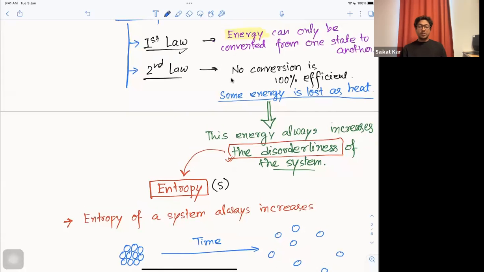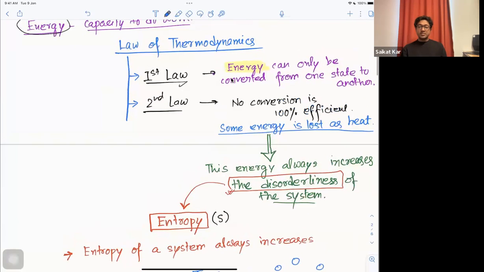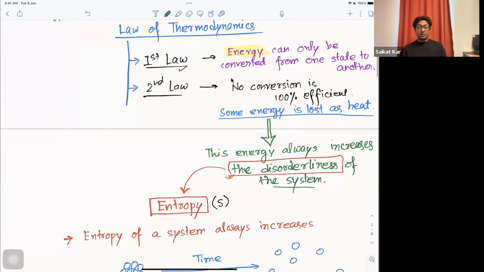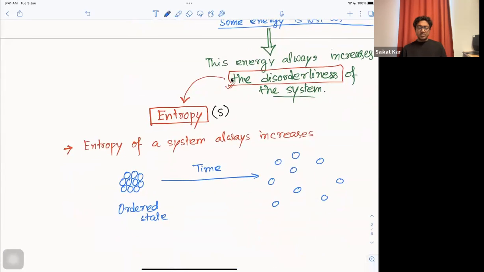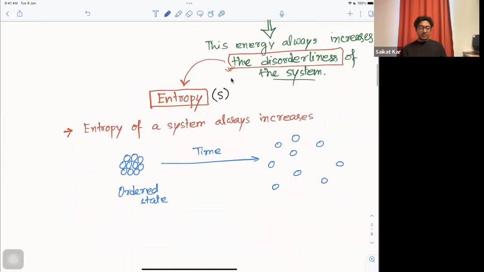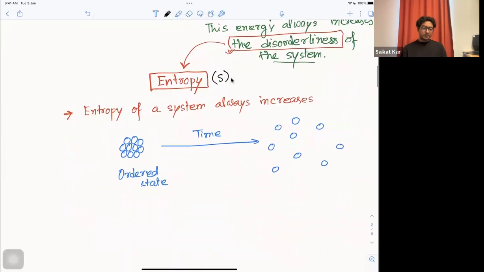And this law of thermodynamics is more fundamental than even the laws of Newton. All of science, physics, chemistry, everything depends upon the validity of some basic laws.